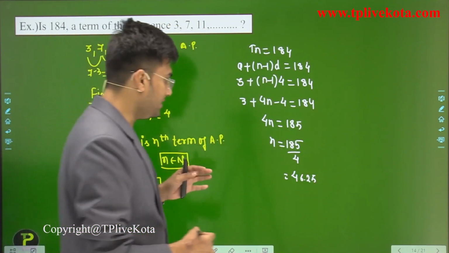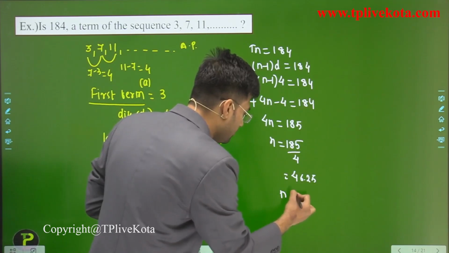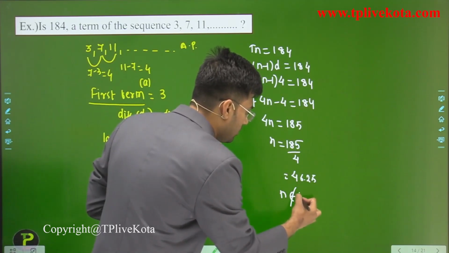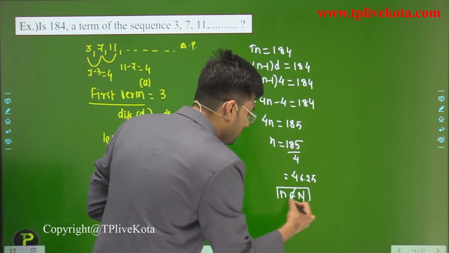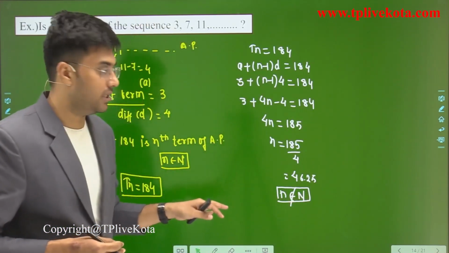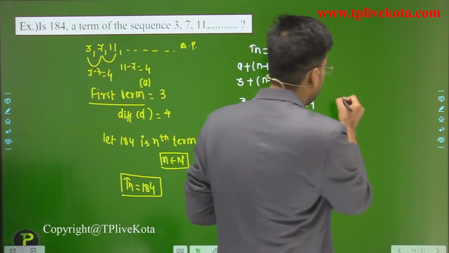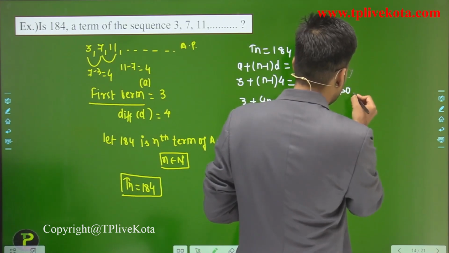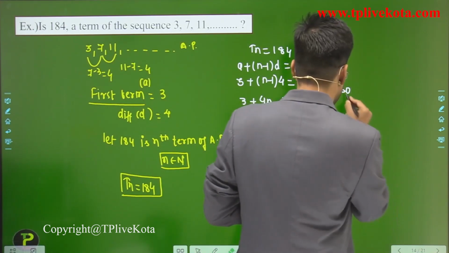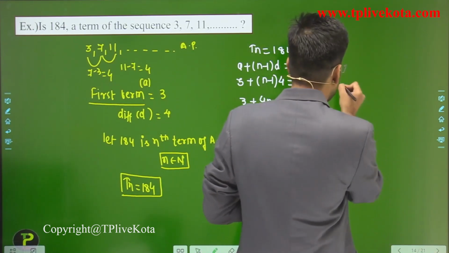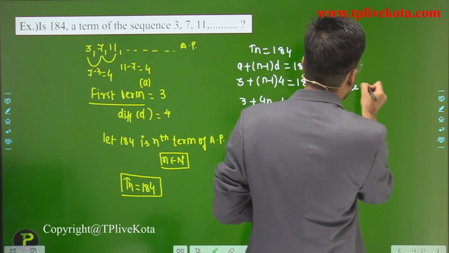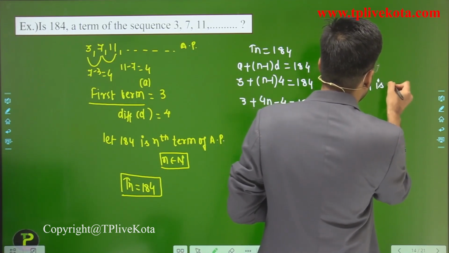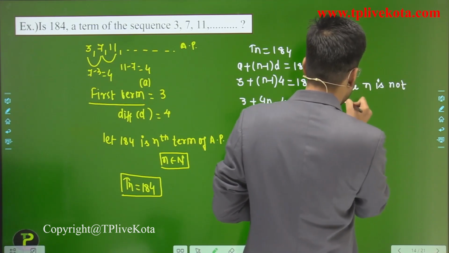So here we can say that n does not belong to the natural numbers. If n does not belong to the natural numbers, then we can write here: n is not a natural number.